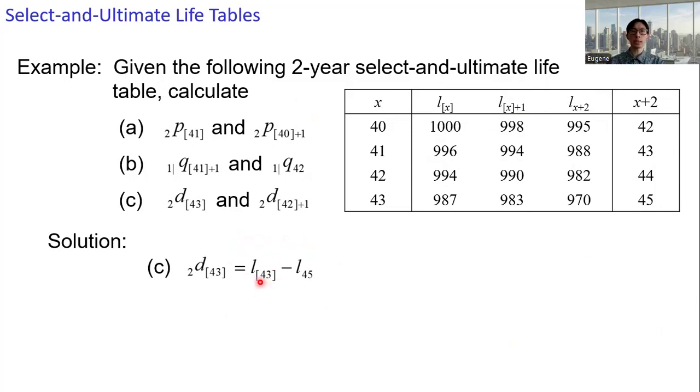And then 2 years later, 45, is beyond the select period. l_[43], this column corresponds to x equals 43. We get 987. And then l_45, the ultimate value at age 45, is 970. We get the answer 17.